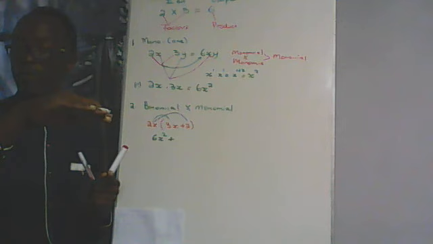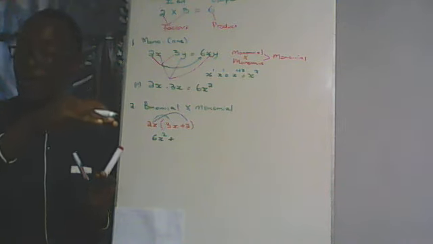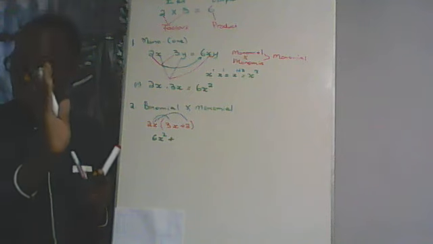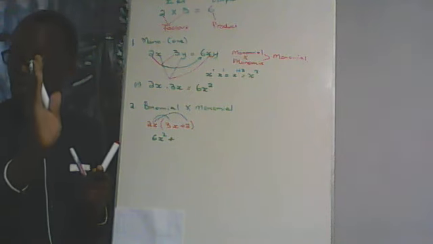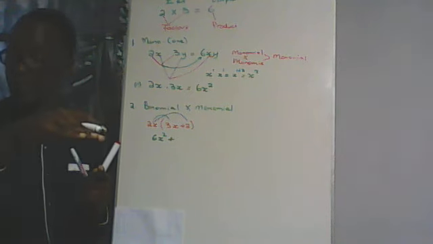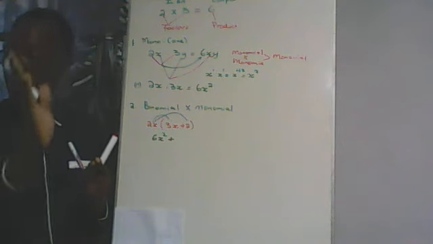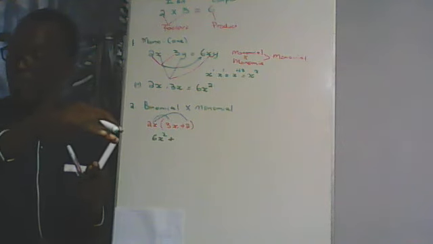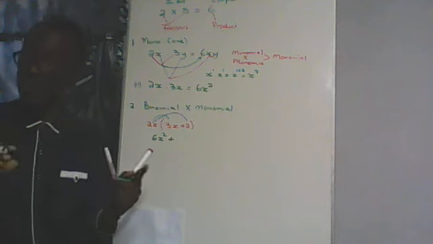Positive, negative, positive, negative. Two like signs, positive. Two unlike signs, negative. You see? So this is as simple as that.